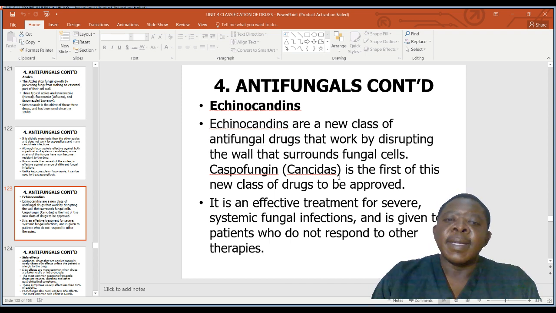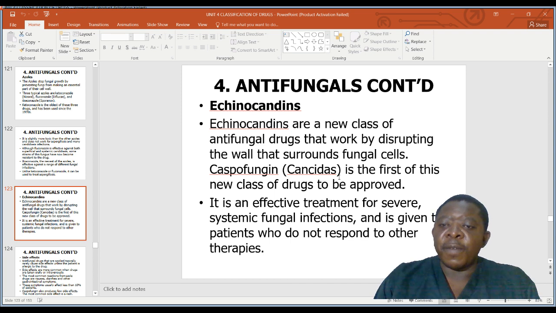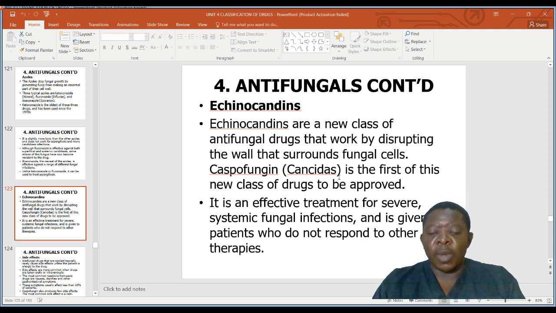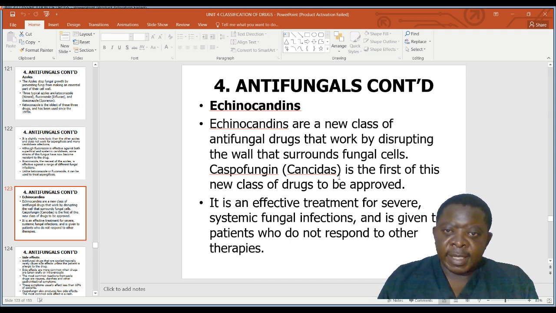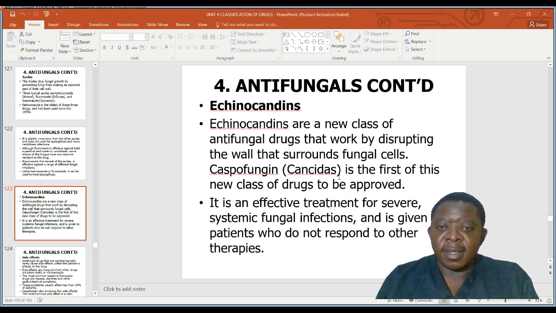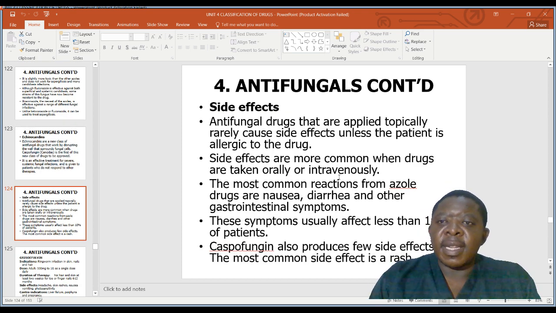It is an effective treatment for severe systemic fungal infection and is given to patients who do not respond to other therapies. That is caspofungin or Cancidas.